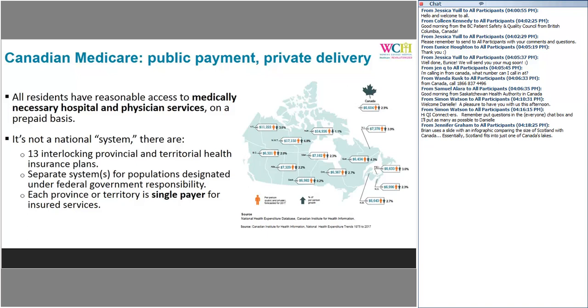Physicians would be publicly paid for the delivery of their services, but they would remain independent entrepreneurs, independent contractors billing the state, or billing state insurance plans, government insurance plans for their services, but not employed by government, not employed by a health service of any kind, and primarily still to this day paid on fee-for-service.